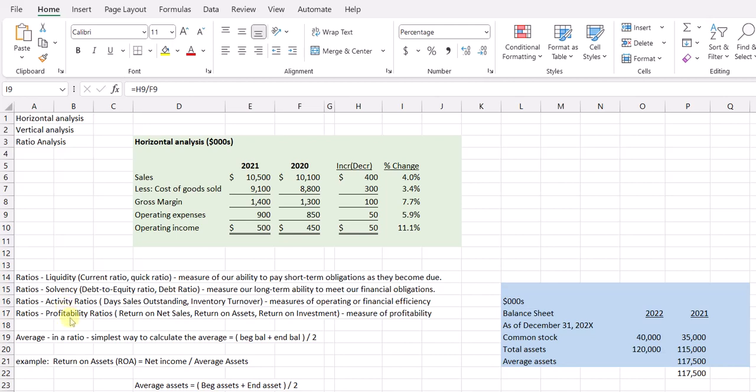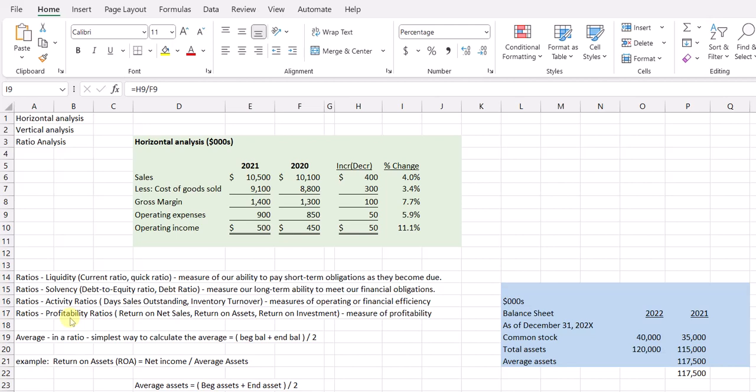Okay, and then we have profitability ratios, and these most likely have the word return in them. Return on net sales, we're looking at net income versus net sales. Return on assets, we're looking at net income versus assets. Though some companies, you may be using operating income in lieu of net income.